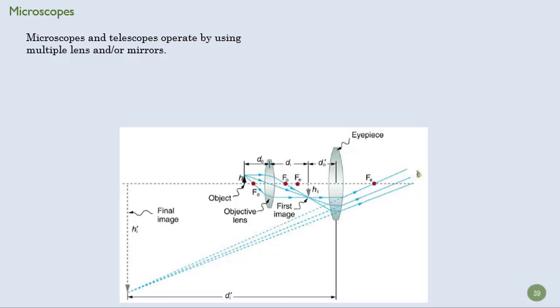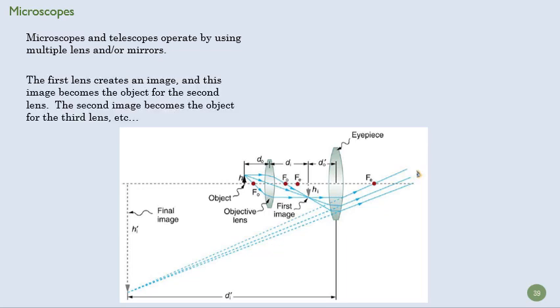So how do microscopes work? Well, we can use the same kind of language we used for lenses and mirrors. Sometimes they use both of those. Oftentimes they'll just use lenses. Telescopes sometimes just use mirrors as their major gathering element.